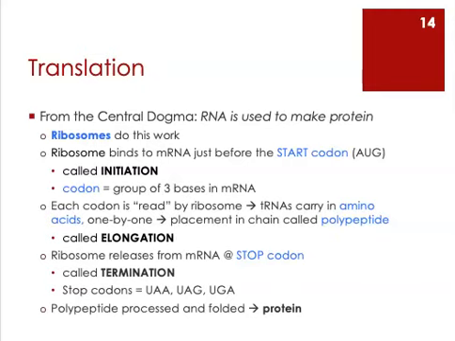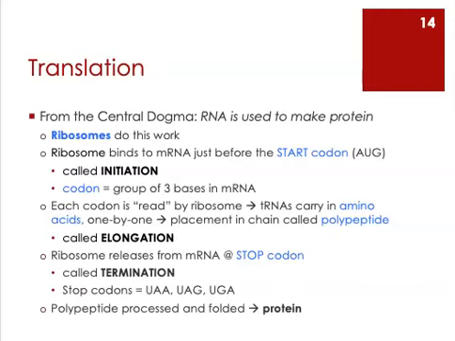The ribosome will travel downstream, and it will expose one codon at a time so that an amino acid can be matched with that codon according to the genetic code. Once that amino acid is in place, the ribosome will translocate to the next codon. It will expose the next codon. An amino acid will be placed in that location.